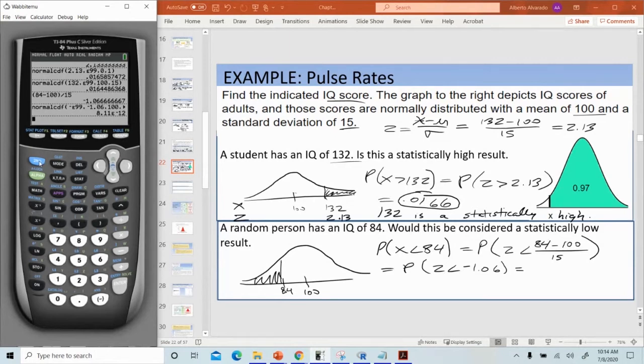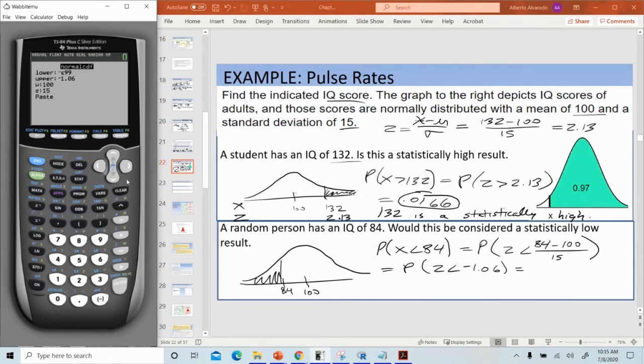Oh, no, that's not correct. Let me tell you my thinking. I looked at this and I said, that's a number pretty close to 0. And I looked at my graph and I said, it's small, but it's not close to 0. So I knew something was wrong. That's one way the graphs can help you.